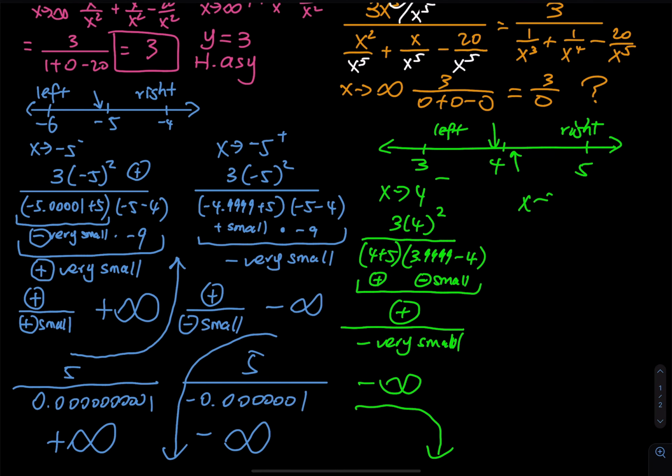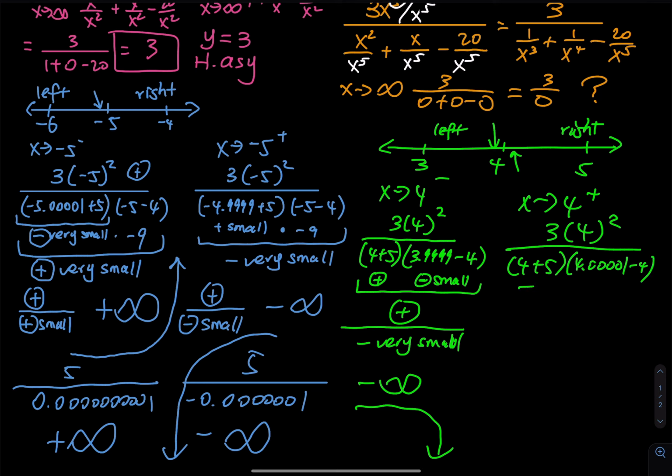And then x approaches 4 from the right. So this is 3 times 4 squared divided by 4 plus 5. And then 4.0001 minus 4. Okay, so this is a positive and this is a positive and very small, right? Positive and very small. So overall, we have a positive and very small.